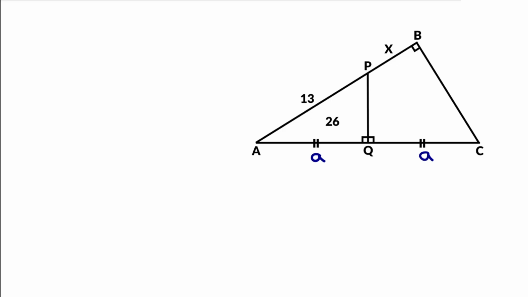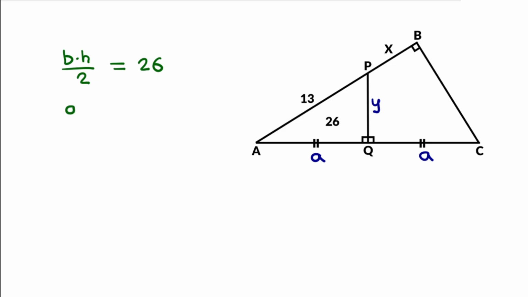Let's begin with the area information. Triangle AQP is a right triangle. Its base is A. Let's call its height PQ, Y. Using the area formula, base times height divided by 2 equals 26.